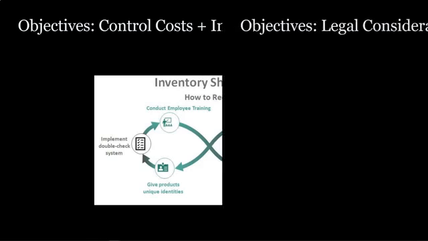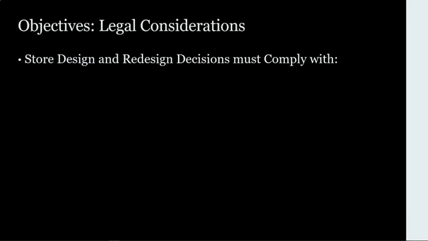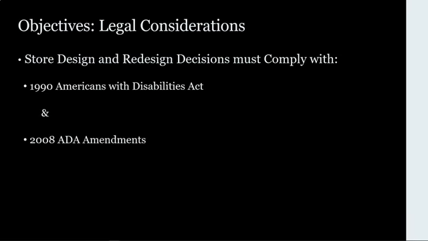The fifth design objective is legal considerations. The Americans with Disabilities Act, also referred to as the ADA, says that store design and redesign decisions must comply with both the 1990 ADA and the 2008 amendments.